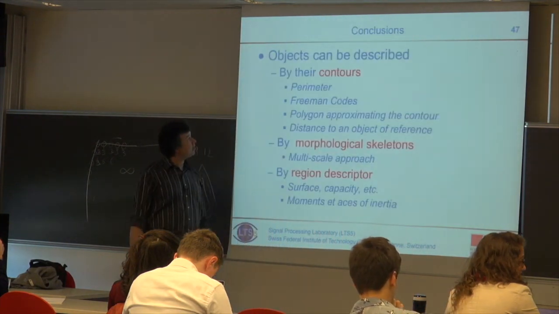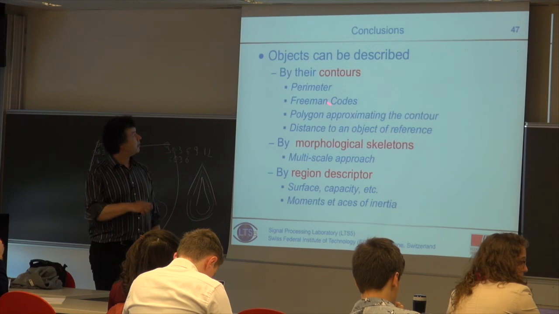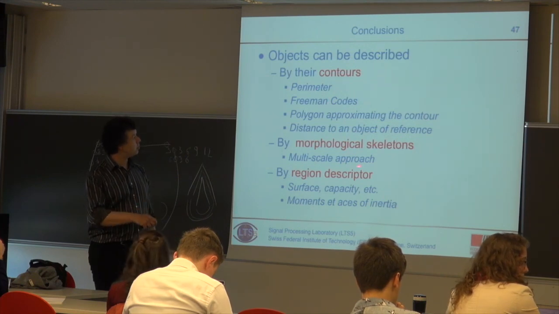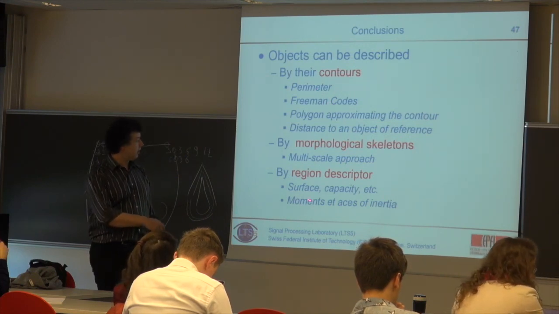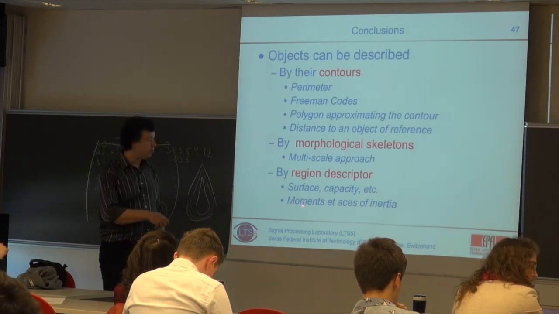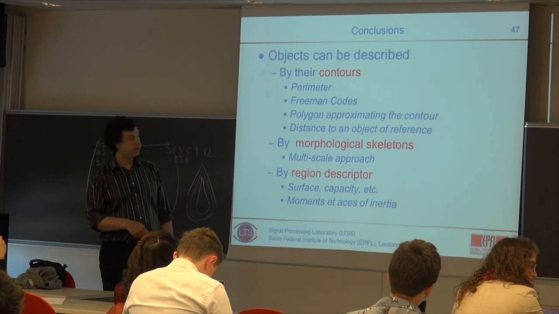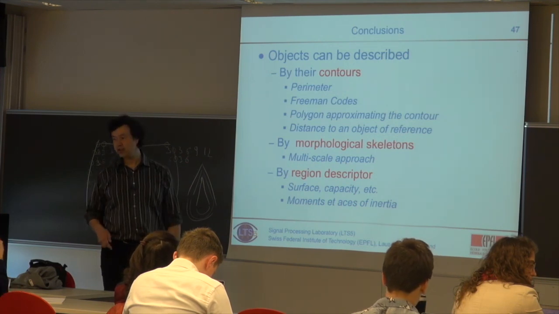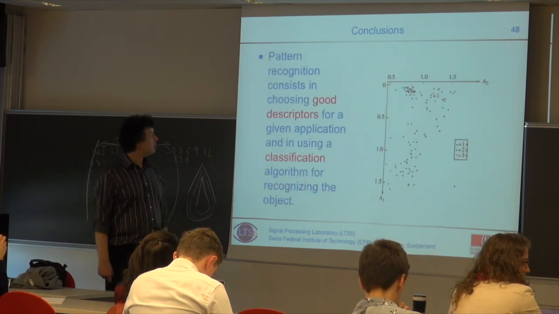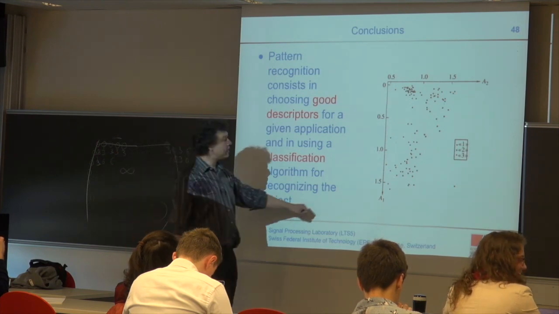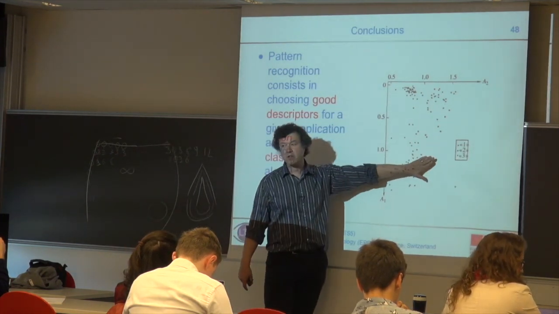And so now we have a lot of things, right? We can describe an object by its contour, by its skeleton, by its compacity, obviously. Moments, axes, wow, I was tired at the end. Axis of inertia, and so on. And so next week, you will have to do something very similar to that.